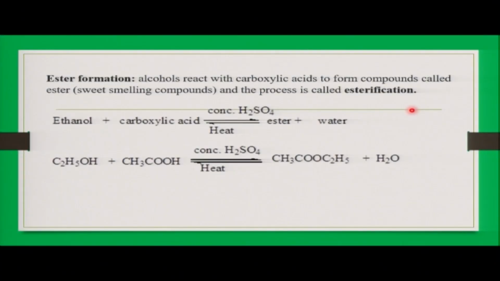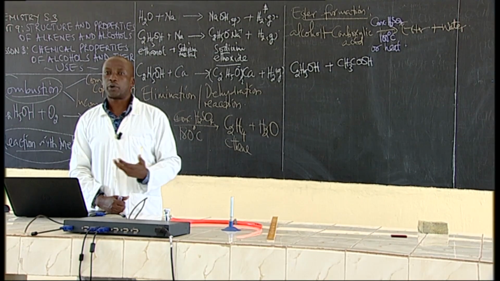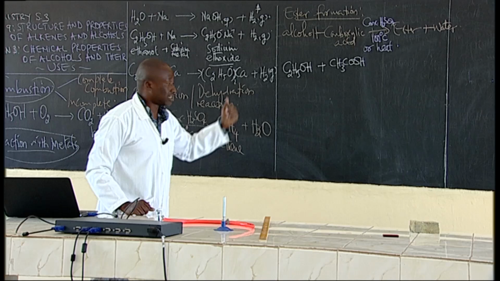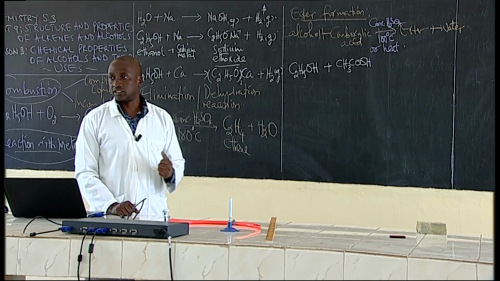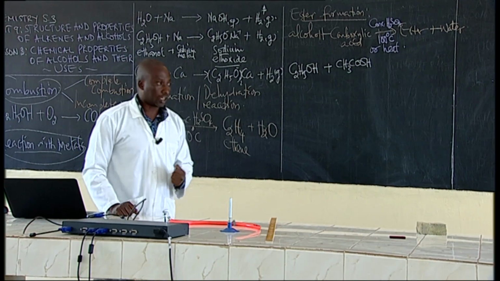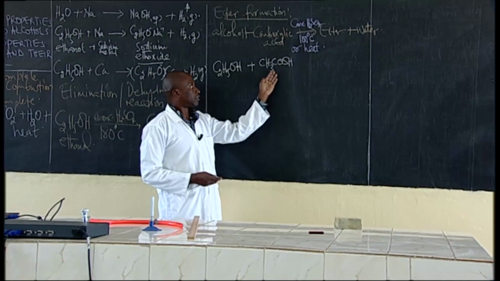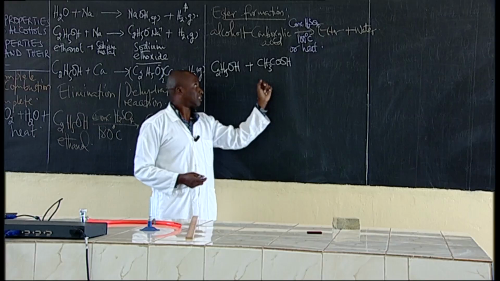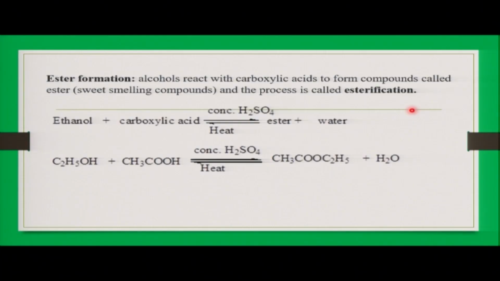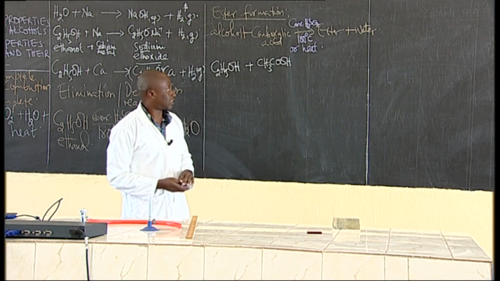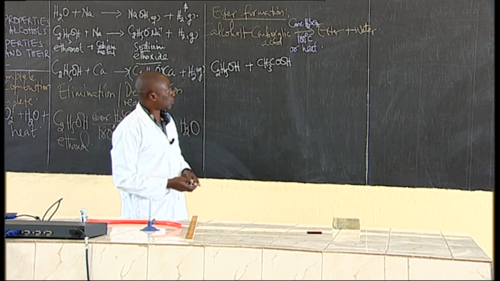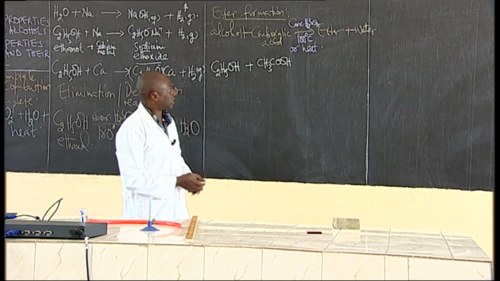I think everybody knows the vinegar. The main component of the vinegar is this ethanoic acid that is used in dressing salads. Acetic acid is the common name, or ethanoic acid, according to the International Union of Pure and Applied Chemistry.